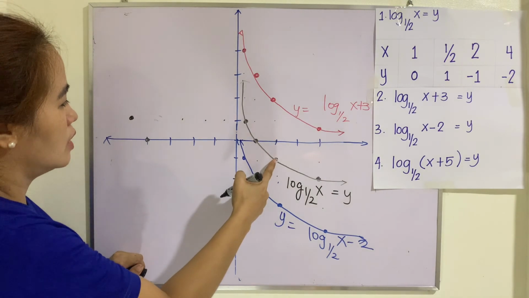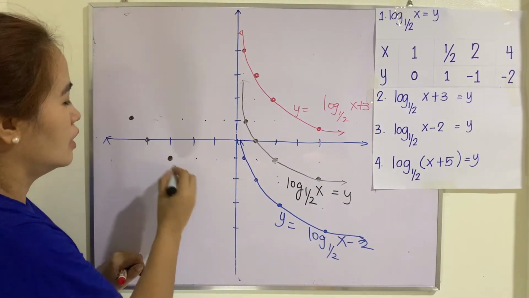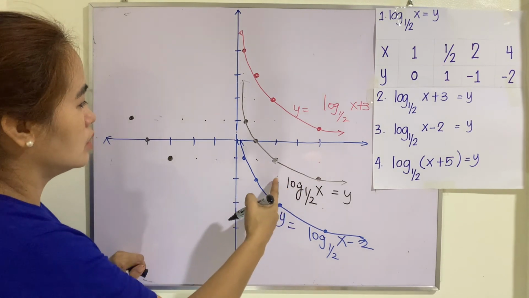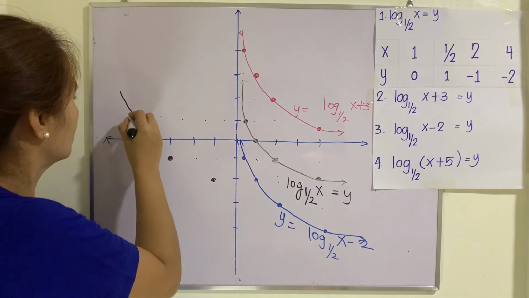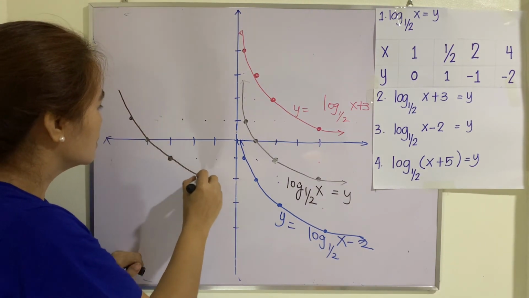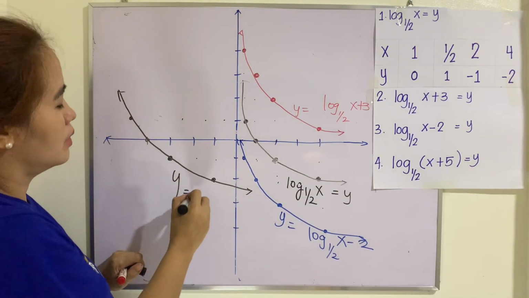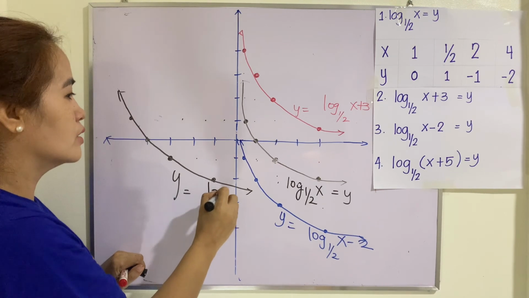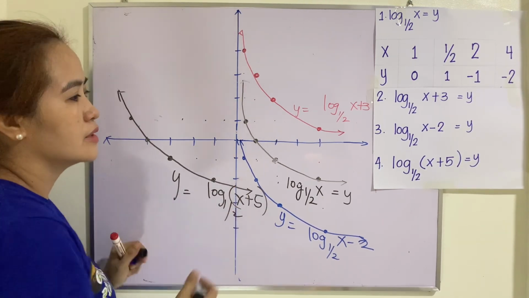And then this one, 1, 2, 3, 4, 5. And then the last one, 1, 2, 3, 4, and 5. So this one is the graph. Okay, so this is y equals log of x plus 5 to the base 1/2. That's it.